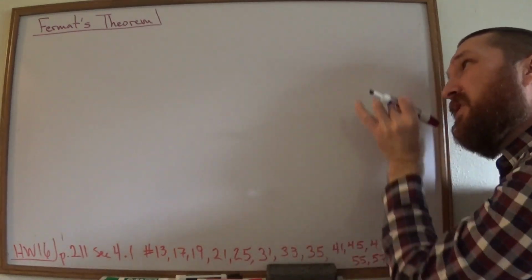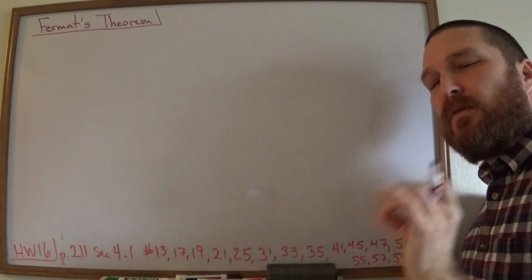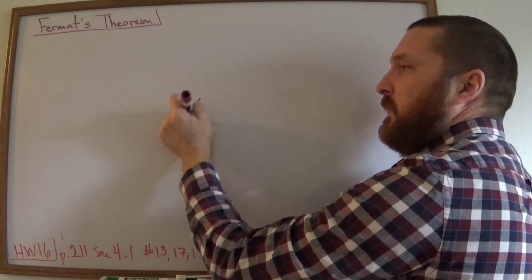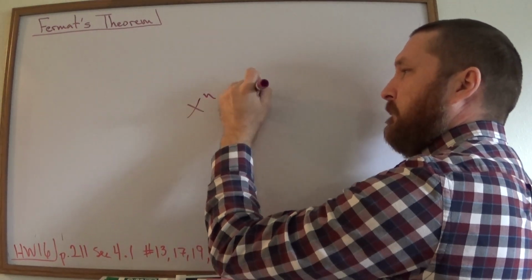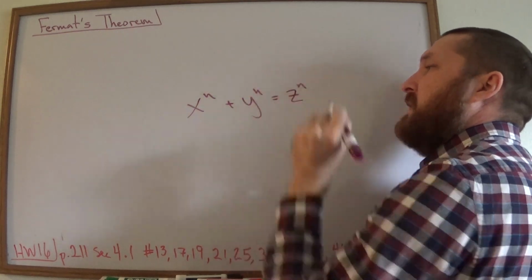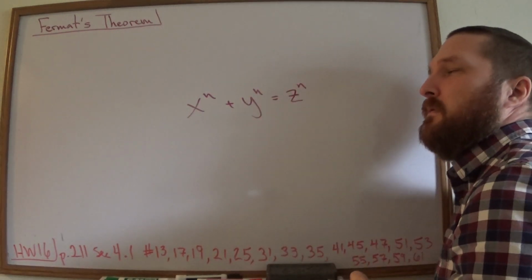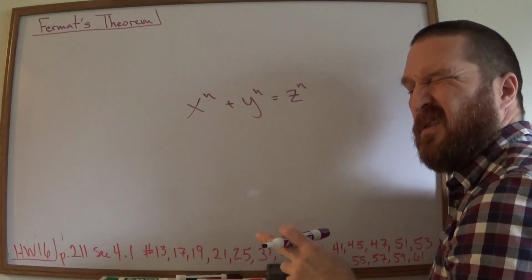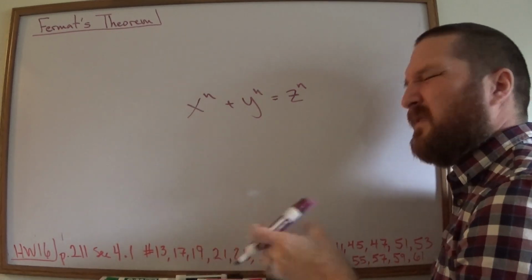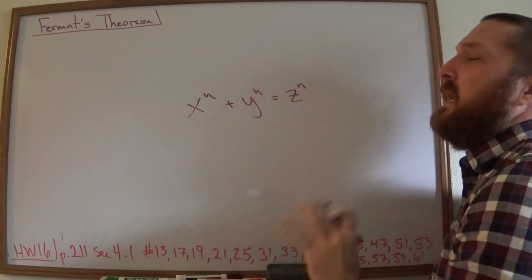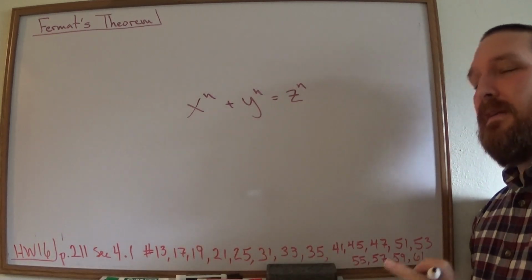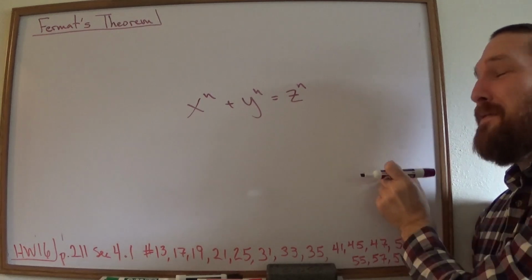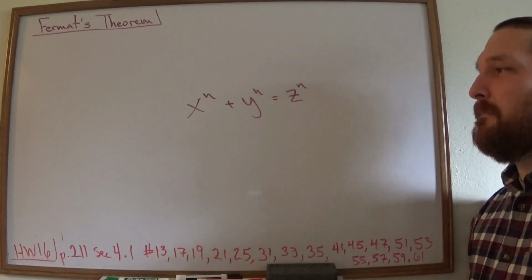And in the margin of his notes, he said he found a beautiful proof to show that this equation has no solutions in the integers when n is greater than 2. I think that's what it is. I could be wrong about this. Look at it if you care. And he said, but I don't have the room to write it.